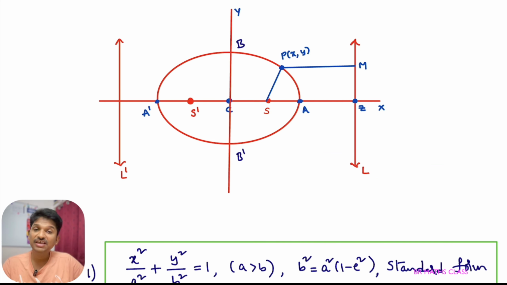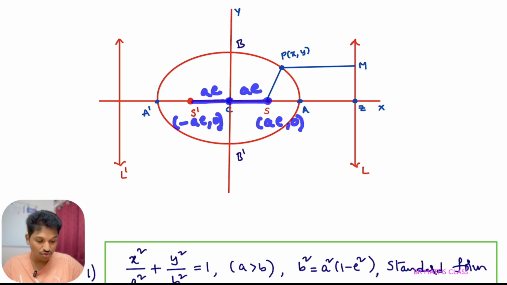While deriving the equation of the ellipse, we got that CS is AE. As C is 0, 0, CS is AE. As S is on the x-axis, we can easily say that S is AE, 0, right? And S dash is also the same distance, but it is on the left side of the origin. That's why this S dash is minus AE, 0.